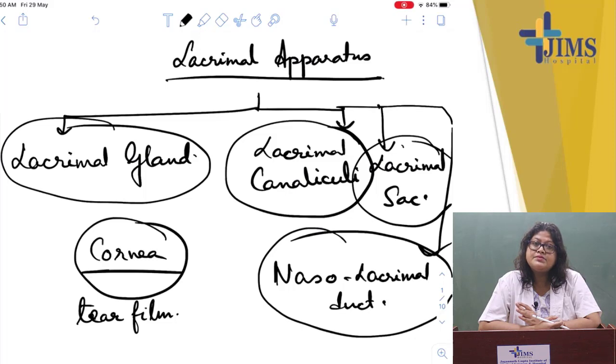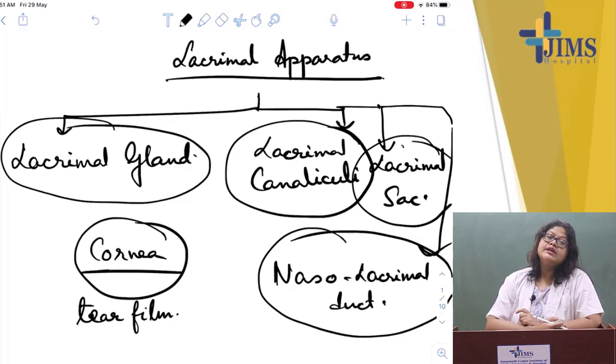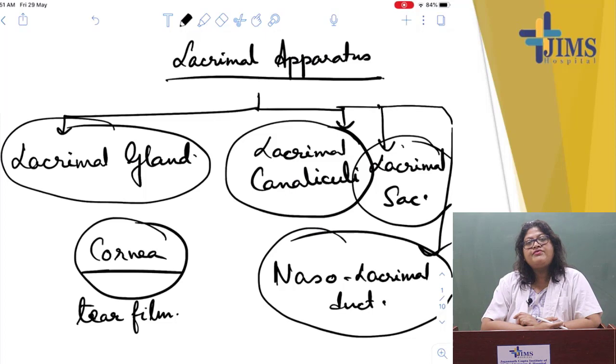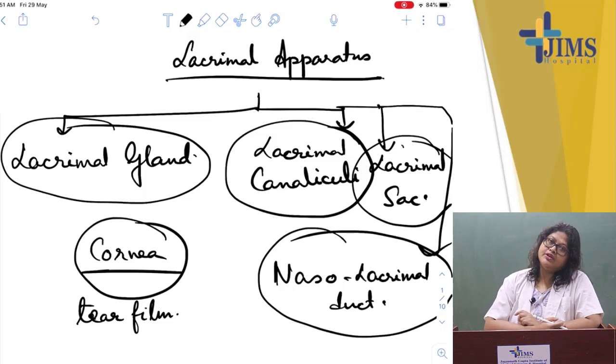Why does this happen? Because the tear film is not coming in contact with the cornea for a long time, not giving it proper nutrition. So prolonged use of contact lenses is not really recommended because they don't allow the tear film to bathe the cornea. The main function of the tear film is to bathe the cornea so that it gets its nutrition and oxygen supply.